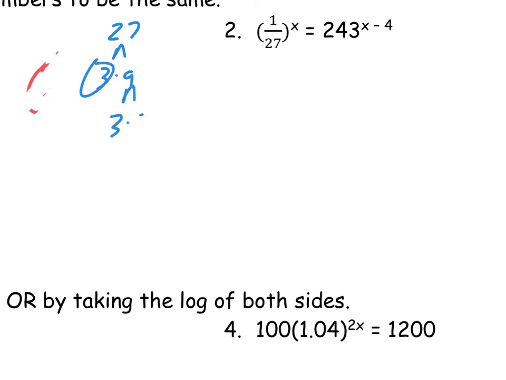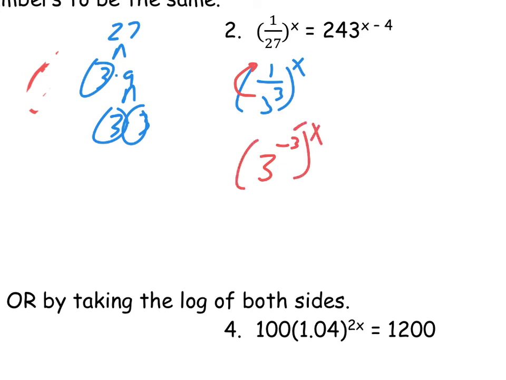And 9 is 3 times 3. So this is 1 over 3 cubed to the x power. Okay, so the deal with this one is I can't have that power or that base in the denominator, so I got to flip it up. You guys probably don't remember this, but if I flip it up to the numerator, it would become a negative exponent.